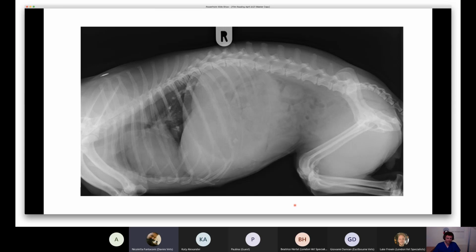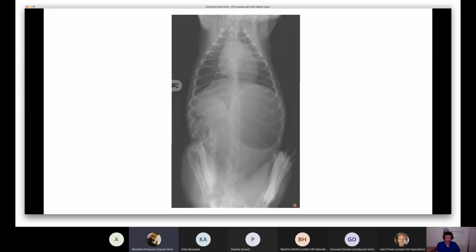regarding the thorax, it is in an expiratory phase, so there is probably a bit more increased structure opacity of the lung field, and there are these multifocal mineralized structures that are essentially distributed in the right caudal lung lobe, as we can see in the DV projection.